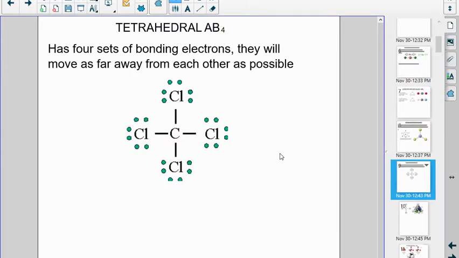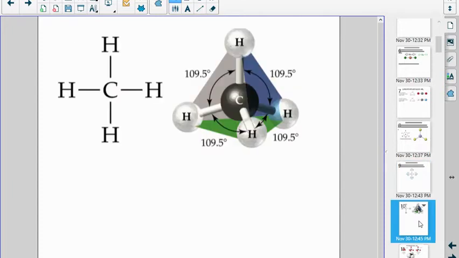All right. Tetrahedrals next. AB4, so we have our central atom, this carbon, with 4 atoms bonded to it. So we would say, hey, what's the angle here? And you'd say 90 degrees. Why is that wrong? Because we live in a 3-dimensional world. So here, for them to get as far away from each other as possible, they end up being about 109.5 degrees from each other.